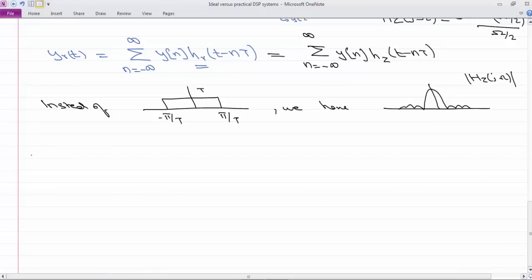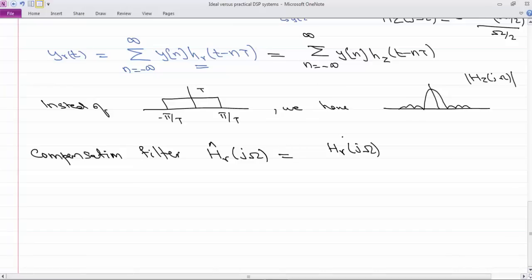So there's often a compensation filter, which is ideally given by h hat r of j omega, which is what you wanted, the ideal reconstruction filter, divided by hz of j omega.